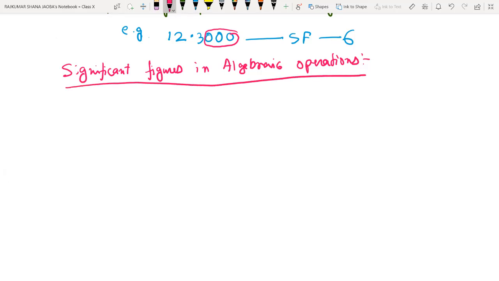Significant figures in algebraic operations. So number 1: addition or subtraction operation.